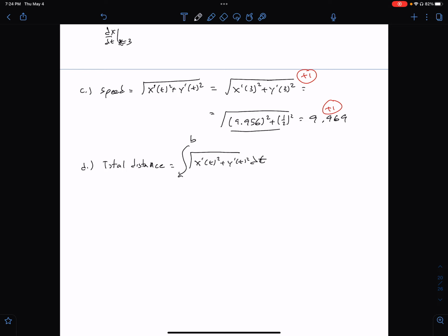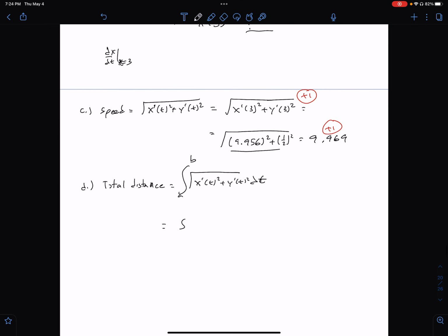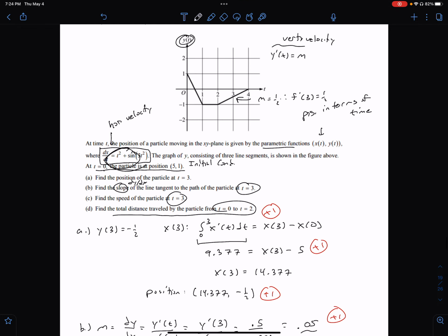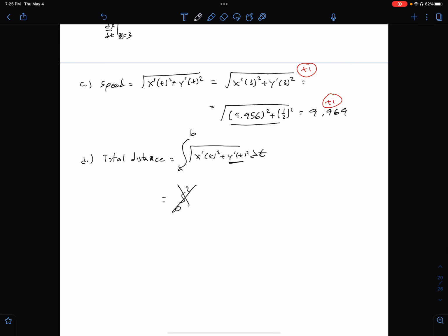But the problem is, if we were to set this up to find the total distance from 0 to 2, we would have a problem with the y values. And that is because the slope for y changes at 1. So this won't work for us because the slope for y changes at t equals 1.